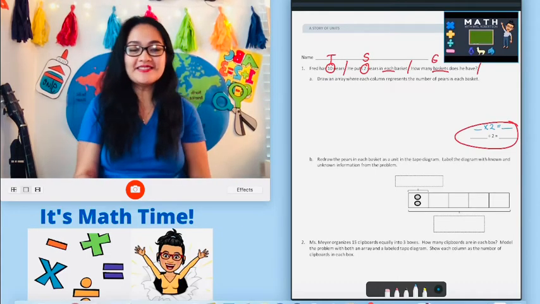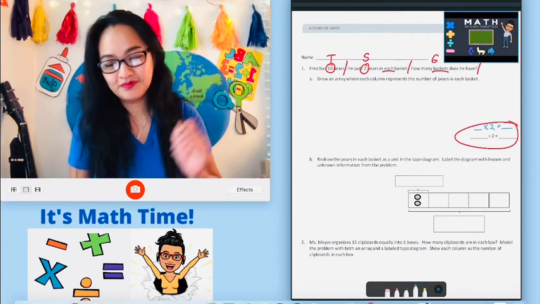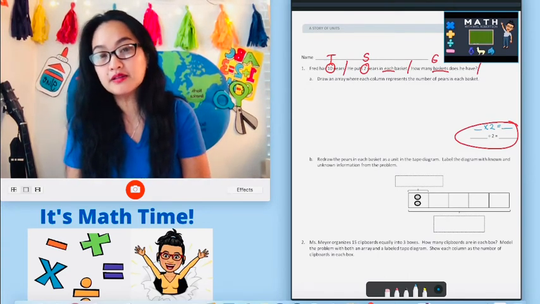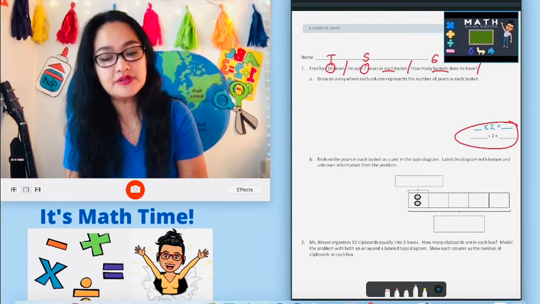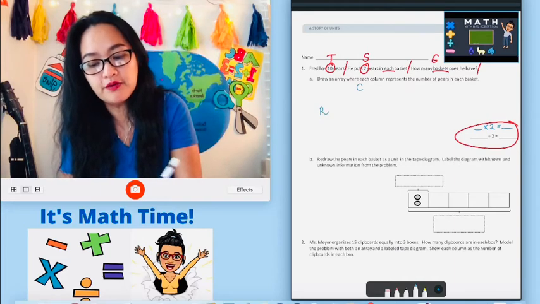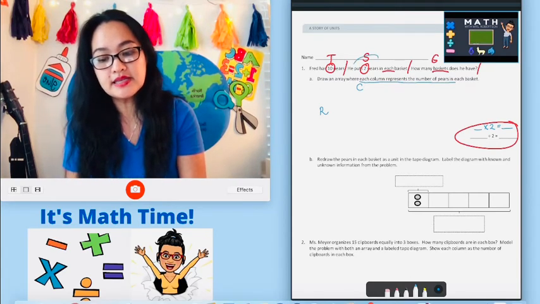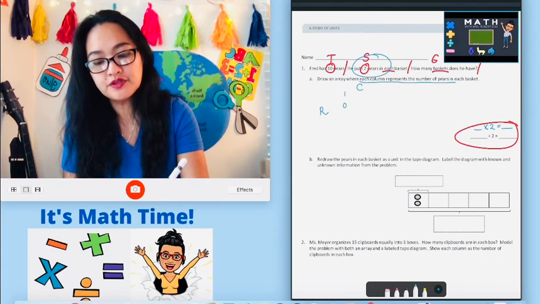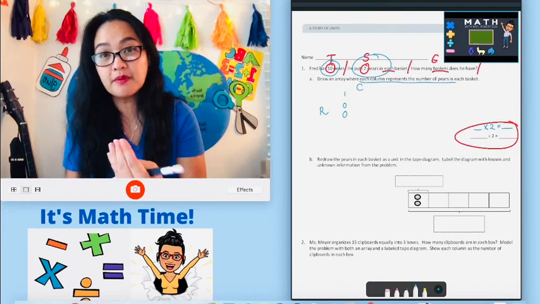Alright, boys and girls, we are going to solve. Draw an array where each column. I know my array will have columns and rows. So why don't I write C for column here and R for rows here? Now it says each column will represent the number of pears. And here it says there's 2. So each column 1 will have 2 pears. But I know I have 10, so I will stop on 10.